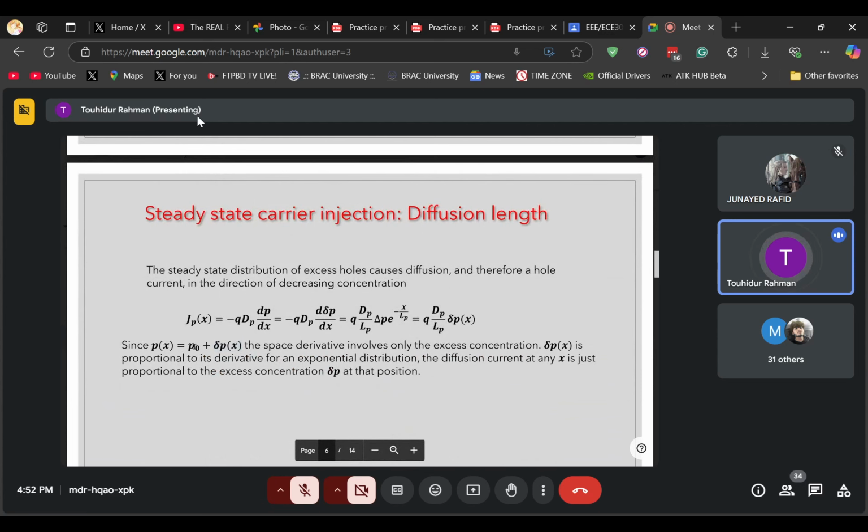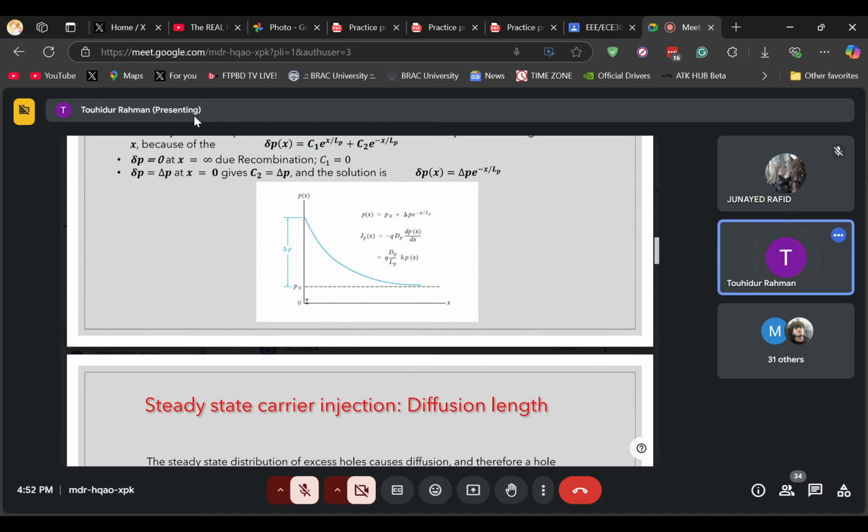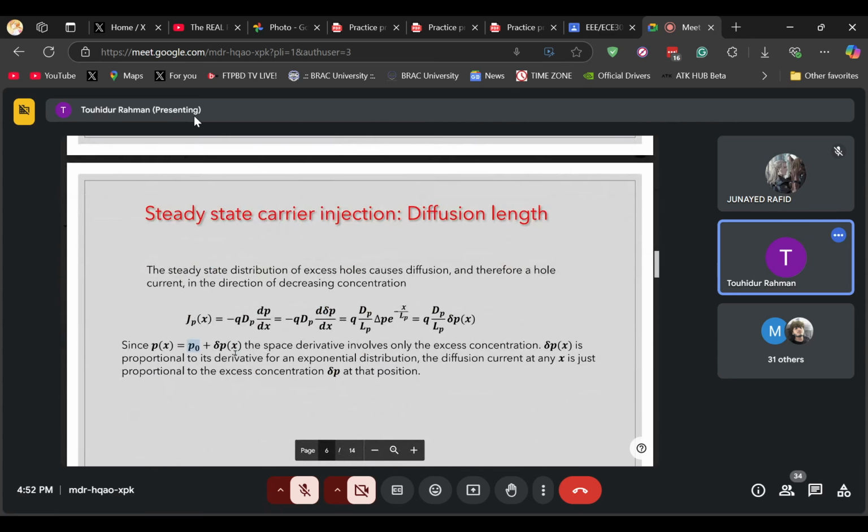Is P0 a DC value or AC value? It's a DC. As a function of x it is DC, because x is changing but P0 doesn't change. So if I take the derivative of P0, what would be the result? 0. So which part will remain?